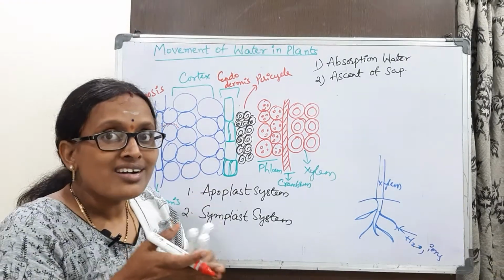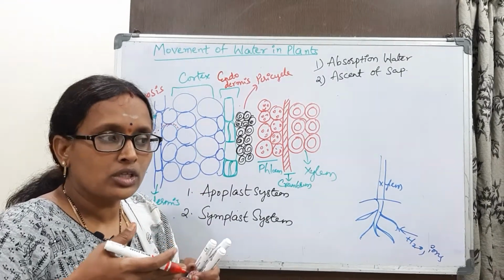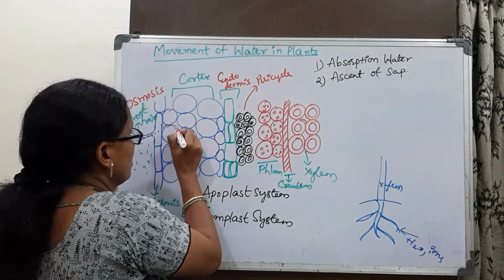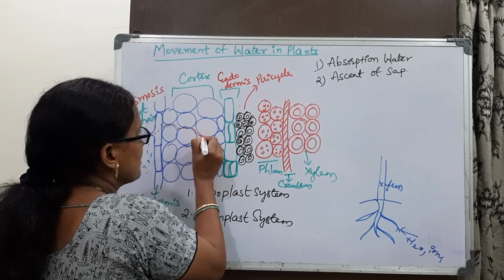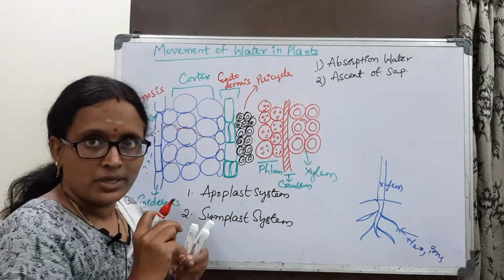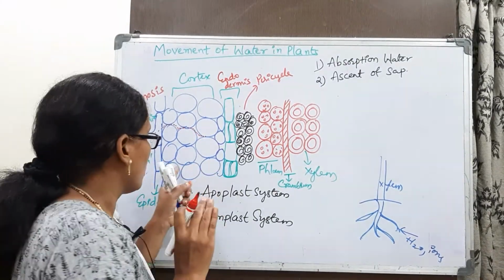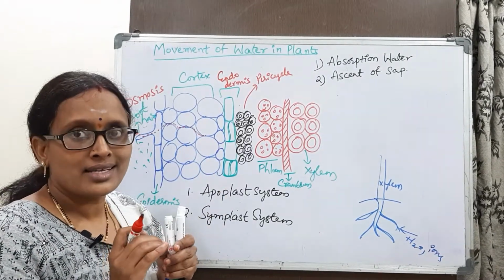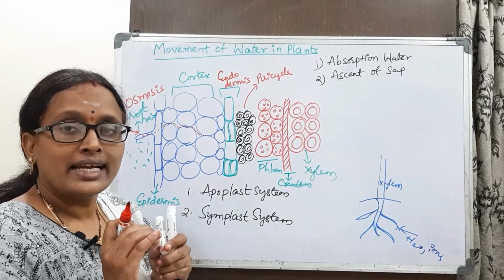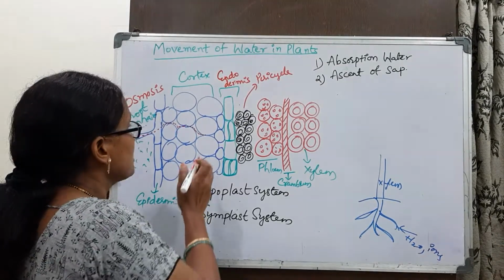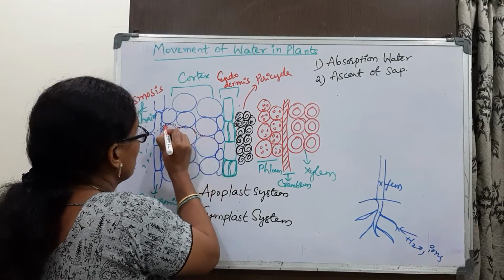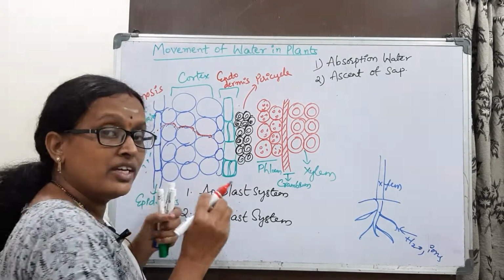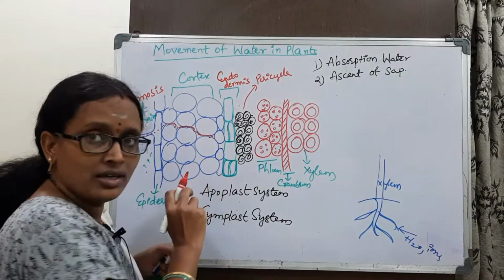It will not cross the cells without entering inside them. Water only moves through the internal spaces, the gaps between the cells. The cortex is made up of parenchyma, where the cells are loosely arranged and contain intercellular spaces. Here the water is moving through the intercellular spaces, but it is not crossing the cell.